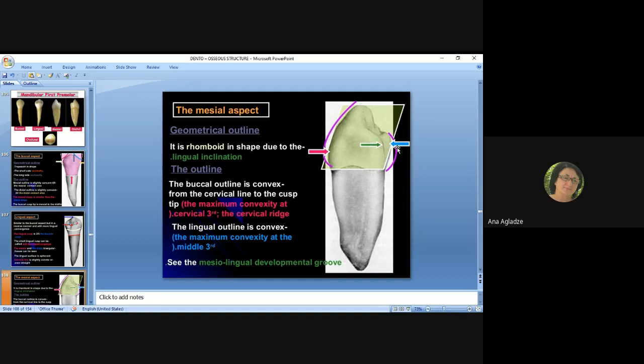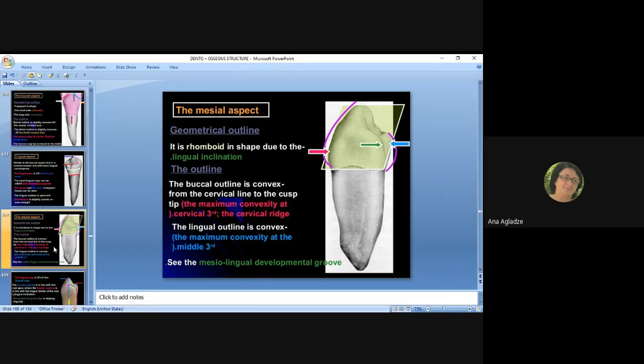The convexity on the distal side is in the middle third, and on the mesial side it is cervical. Also you can see the mesiolingual developmental groove here. And you can see the lingual inclination, and it is rhomboid in shape and has lingual inclination.